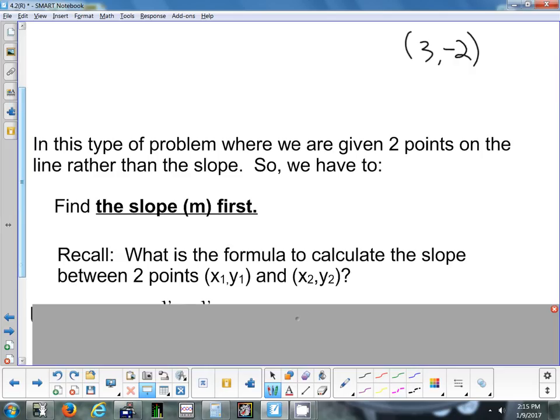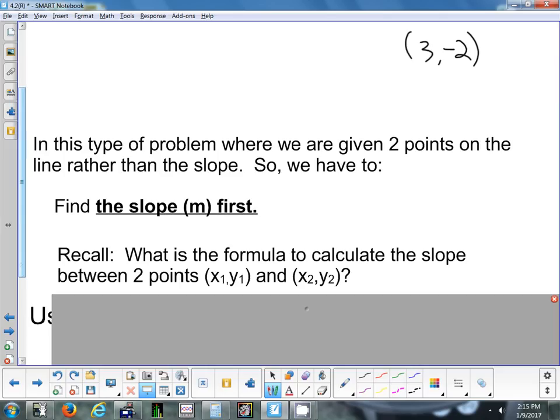Okay, so on your notes, there's a spot that says find the slope first. Hopefully you wrote that in under the underline. And then next to it, it says using. Does anybody remember the formula to find the slope? Something minus something in the top, something minus something in the bottom, and it uses these 4 things. Yep. Aiden?